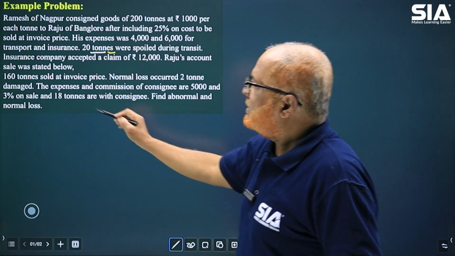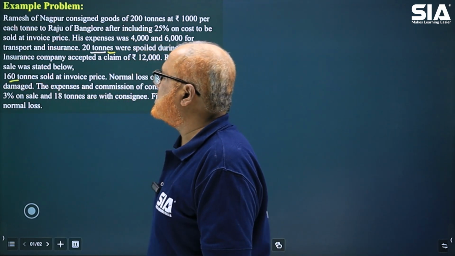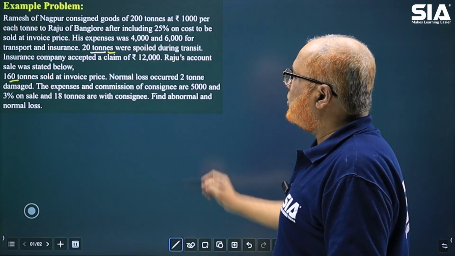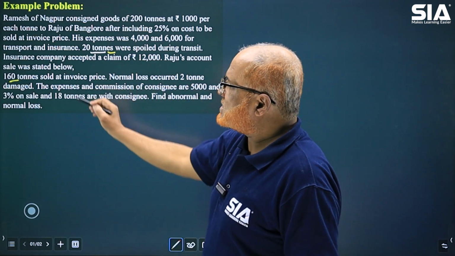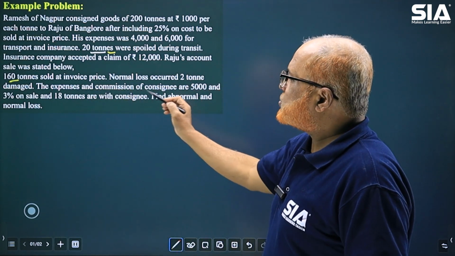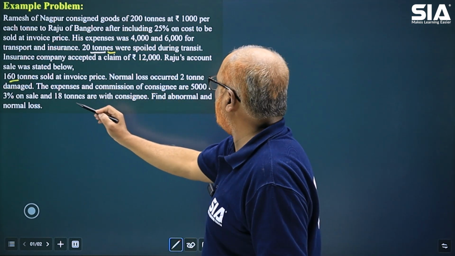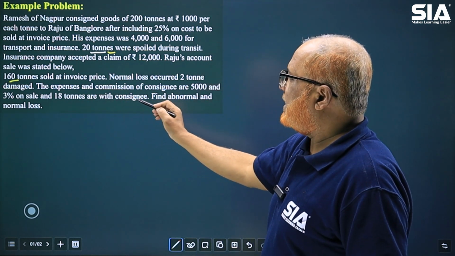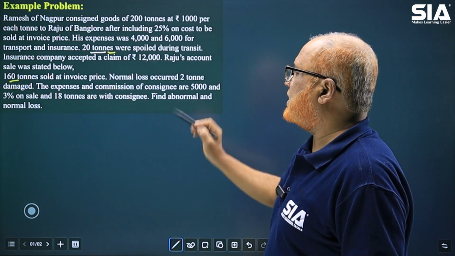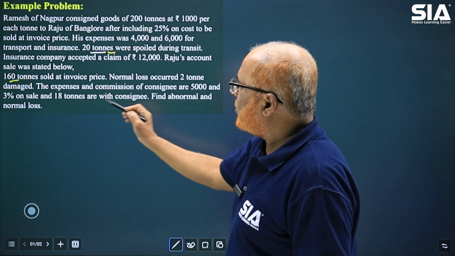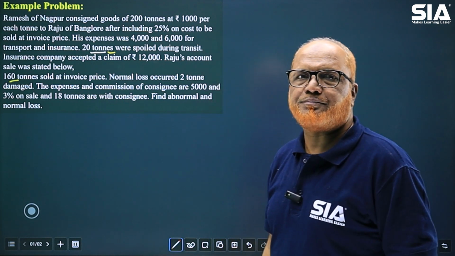Out of 180, he has sold 160 tons at invoice price. Normal loss occurred, 2 tons damaged. Then the expenses and commission of the consignee are 5,000 and 3% on sale, and 18 tons are with the consignee. Find the abnormal and normal loss.